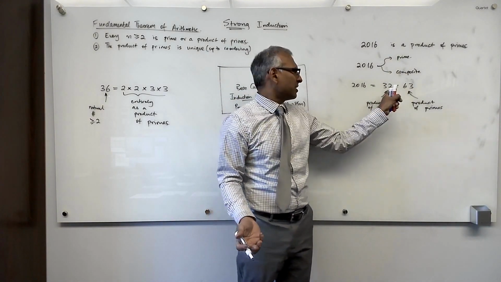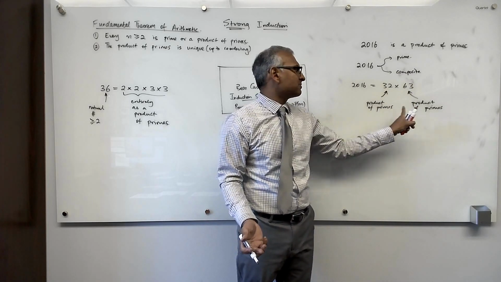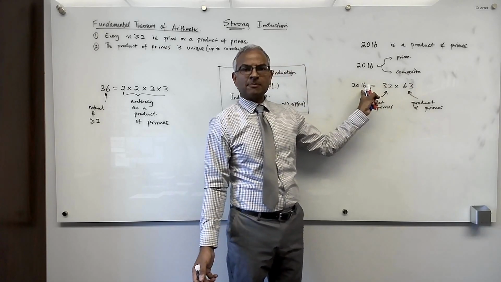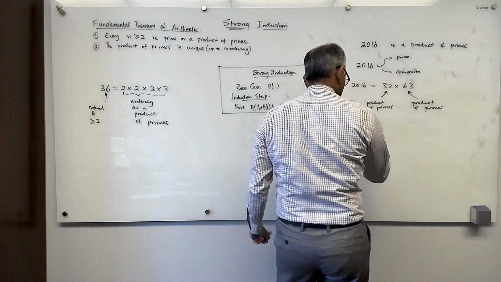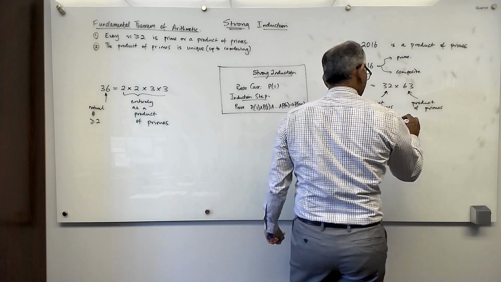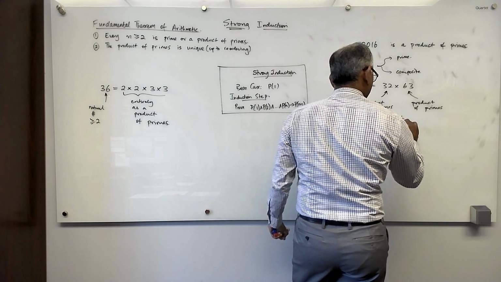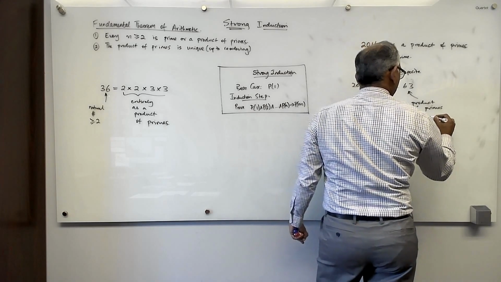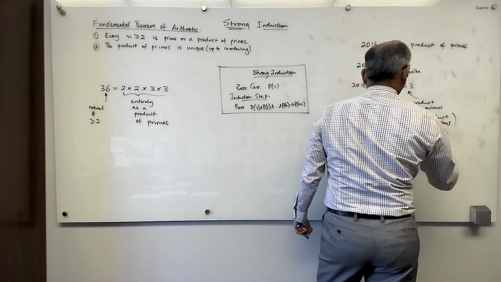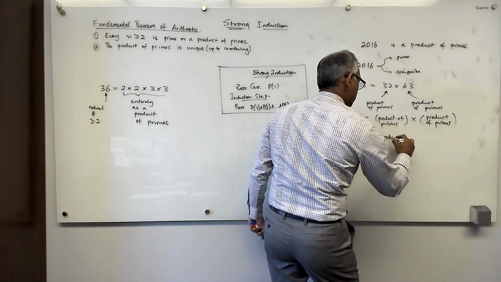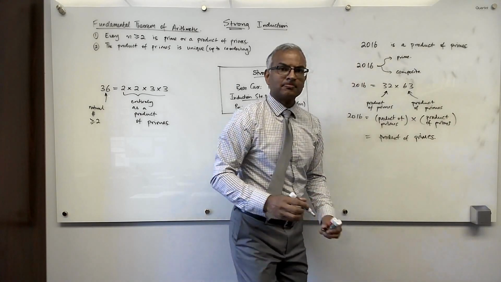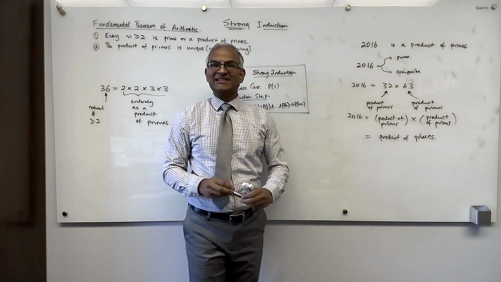I just need to know that they're products of primes. I take this product of primes, multiply by this product of primes, and I have represented 2016 as a product of primes. So 2016 is a product of primes times a product of primes, which is a product of primes. Okay, and I'm done. So easy.